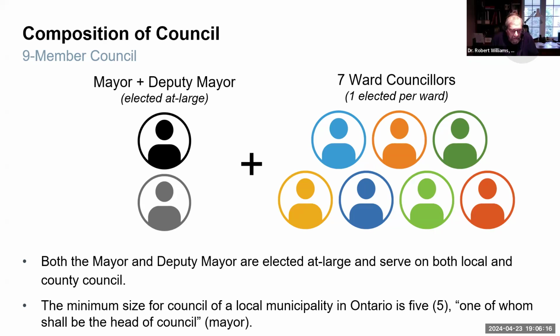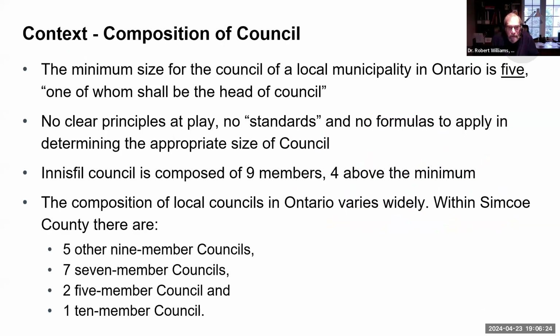So we'll talk about the legislation in a few moments. So a 9-member council, 2 elected at large, 7 elected in wards. Now I'm going to review a bit of that again in this slide, but the minimum size is 5, so that is not at stake unless we hear from the community that they think 9 is too many, and I have yet to hear that articulated, and we can talk a bit about why shrinking council may not be a good idea.